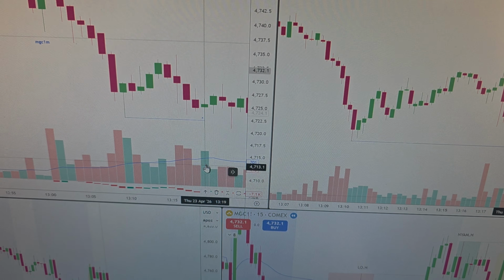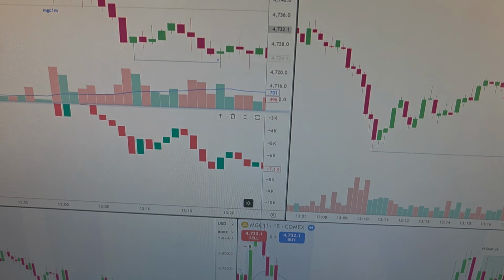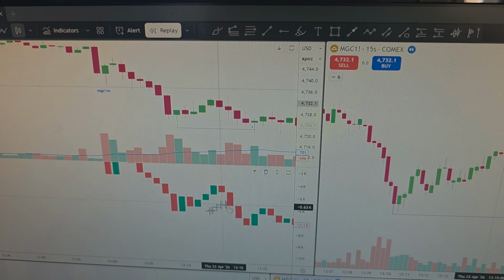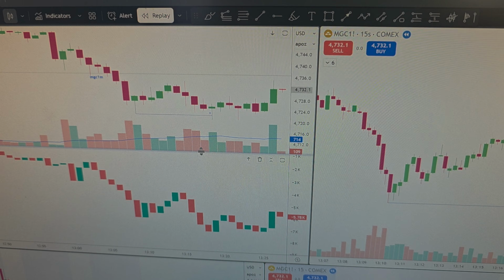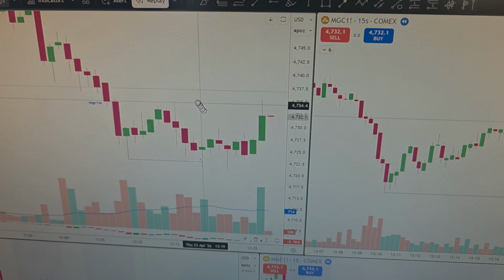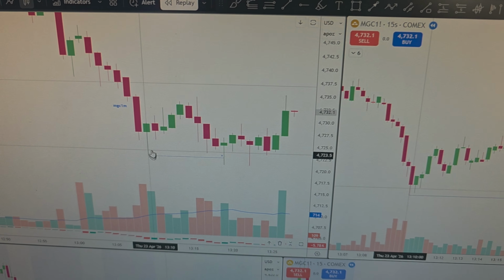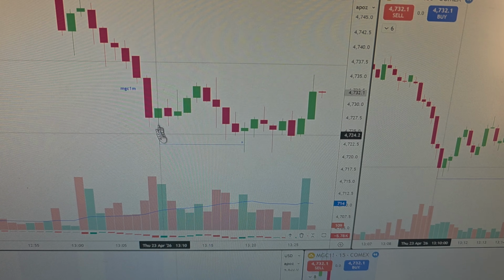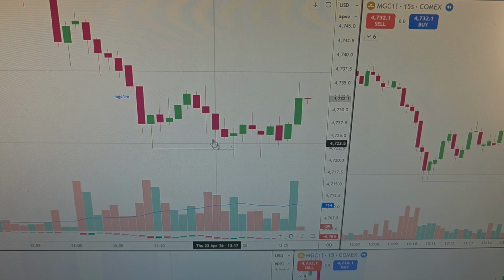A little bit of volume, not a whole lot. And the CVD just kind of tracks along. So not really anything there in terms of the CVD other than the previously shown divergence.